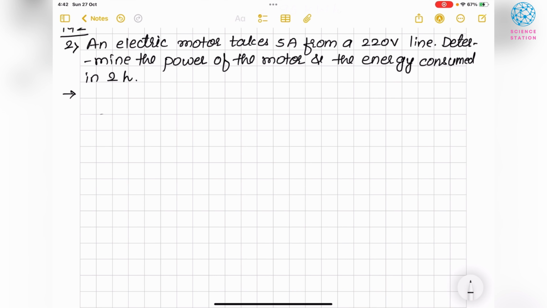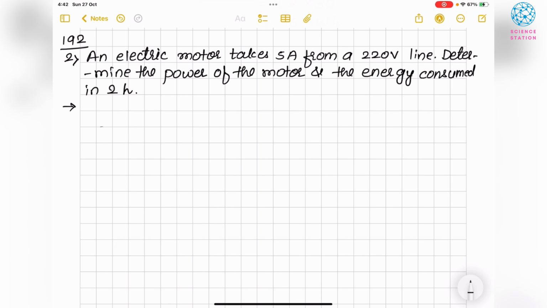Now on page 192, the second numerical says an electric motor takes 5 ampere from a 220 volt line. Determine the power of the motor and the energy consumed in 2 hours. So I equal to 5 ampere, then potential difference V equal to 220 volt.